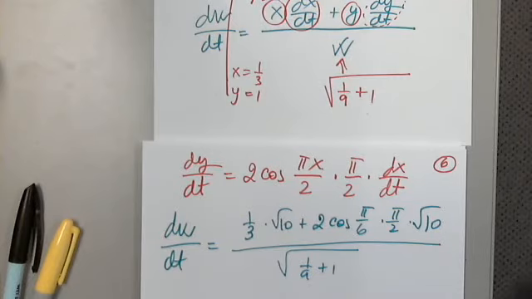Okay. And then times pi over 2. So times pi times the square root of 10 and then divided by 2. Close the parenthesis, and then divide the whole thing by the square root, in parentheses, 1 divided by 9 plus 1.